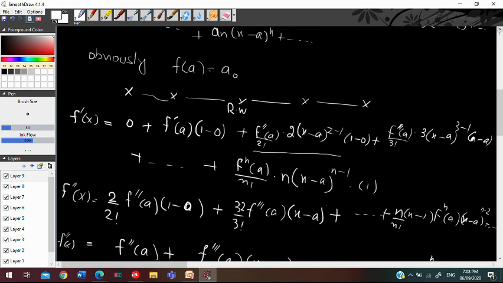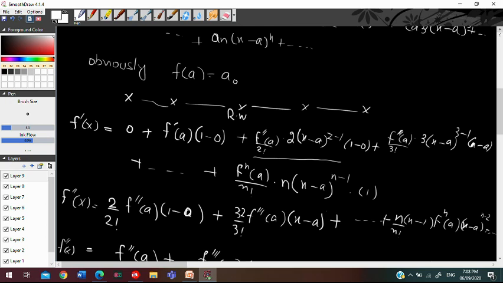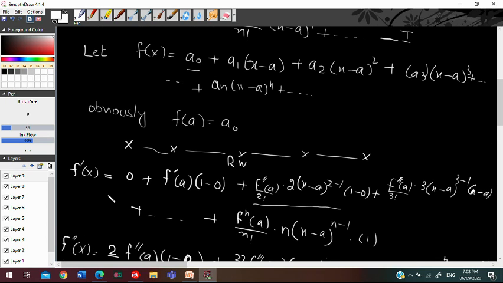So f prime of x is equal to, we can say from this, f prime of a, which is equal to a1 plus 2a2 into x minus a, and so on, if I combine all these terms.